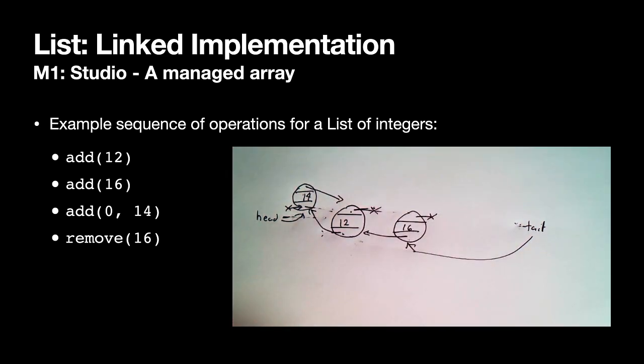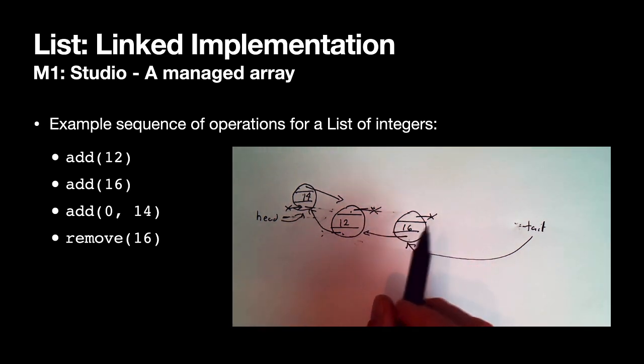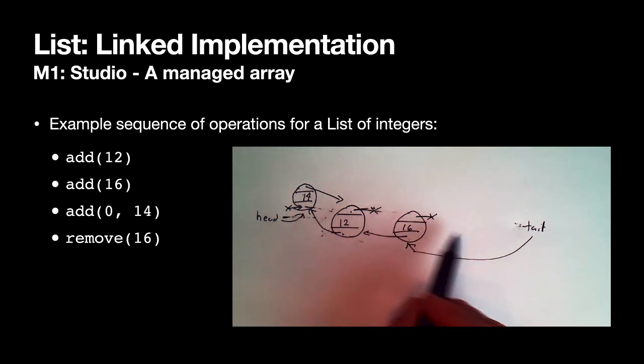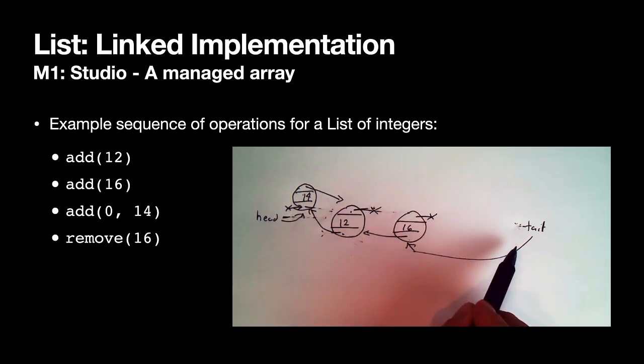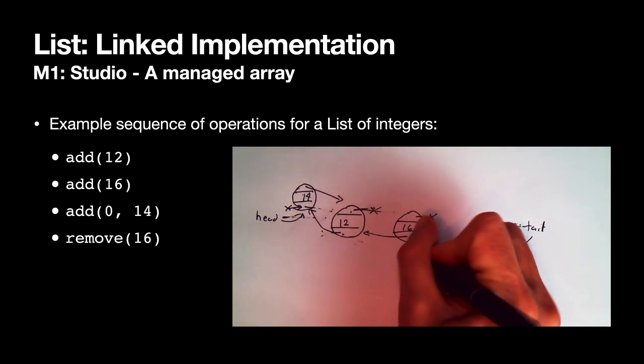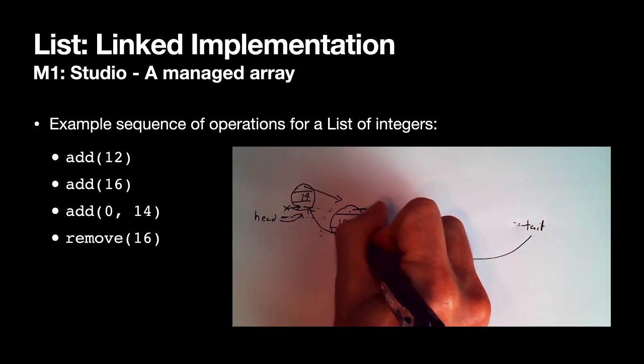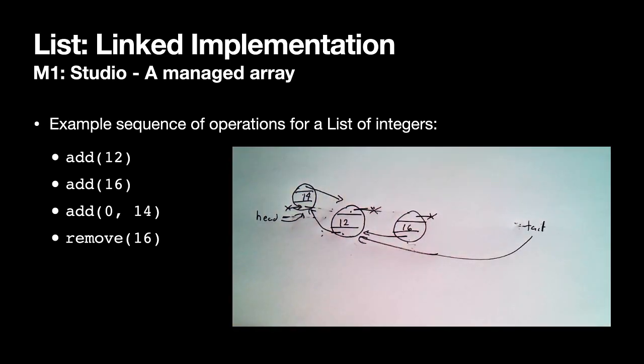to be null. Okay, and again, we also have to think about not only the impact of our neighbor's previous to next, but also the impact on the tail. This is removing the last item in the list. So the tail now needs to move to the previous item. Okay, and at this point, the 16 is completely unlinked.